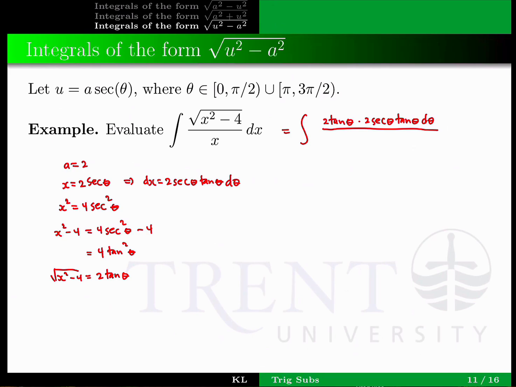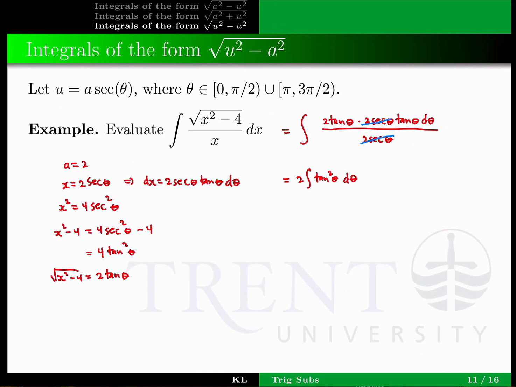In the denominator, we got x in here, but x is equal to 2 secant theta. So the denominator is 2 secant theta. So this one will cancel this one here. We still have a coefficient 2. Integral of tangent squared theta d theta.